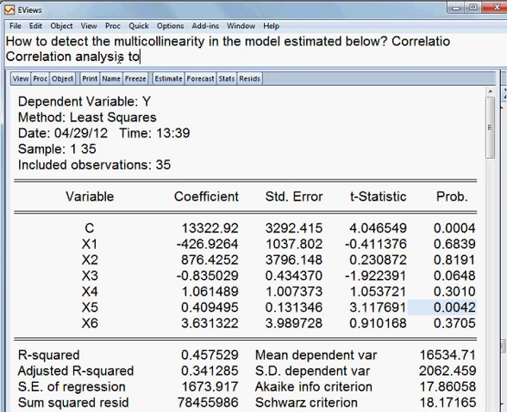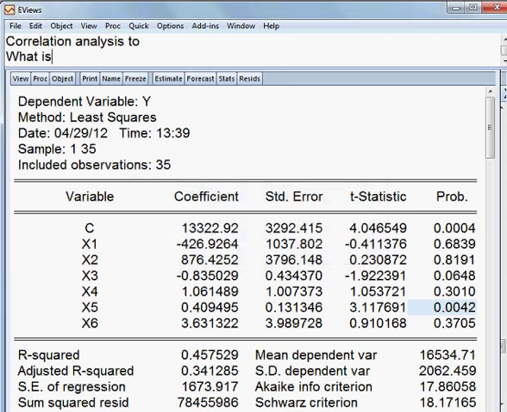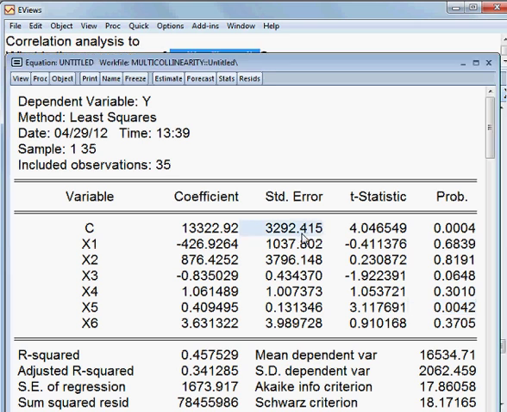Okay, so what is the effect, what is the consequence of multicollinearity? Suppose this multicollinearity makes the standard error big.